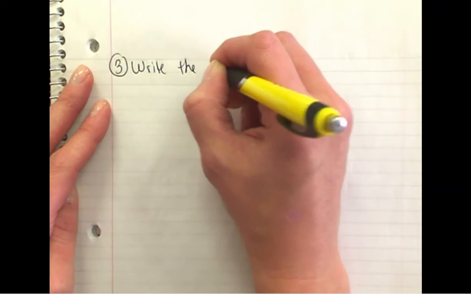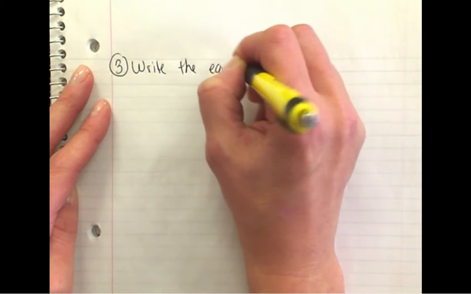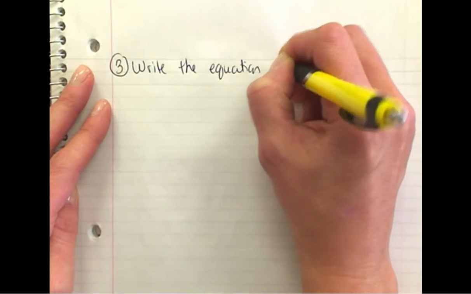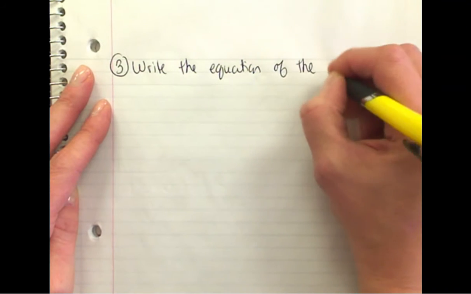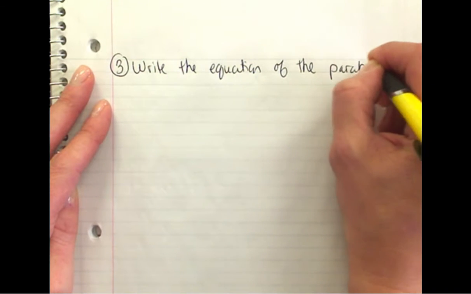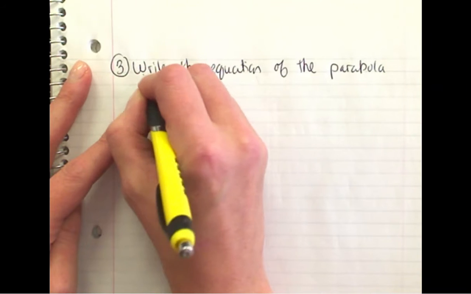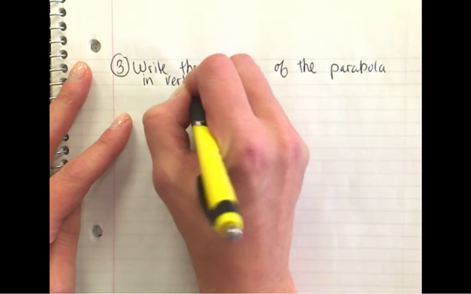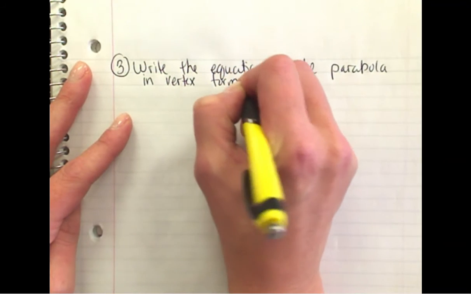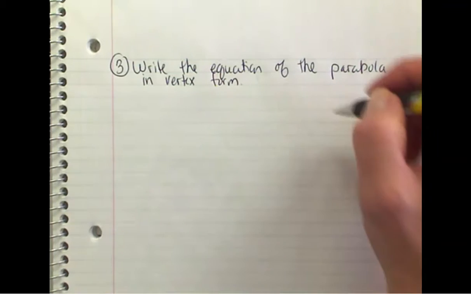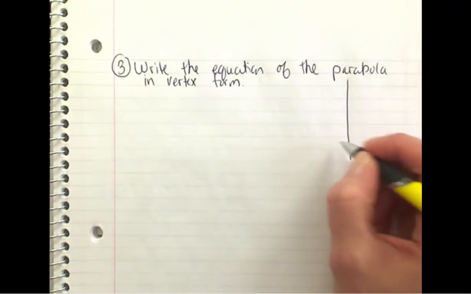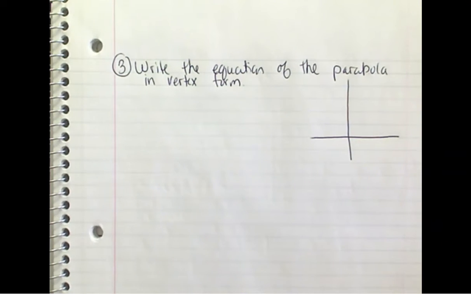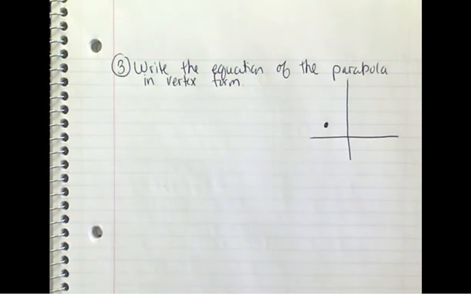Write the equation of the parabola. And I suppose I will say in Vertex form. It does not have to be on graph paper because I'm just going to label 2 points. That's it. I'm only going to label 2 points. Only 2? Yep. Because technically you could get the 3rd.